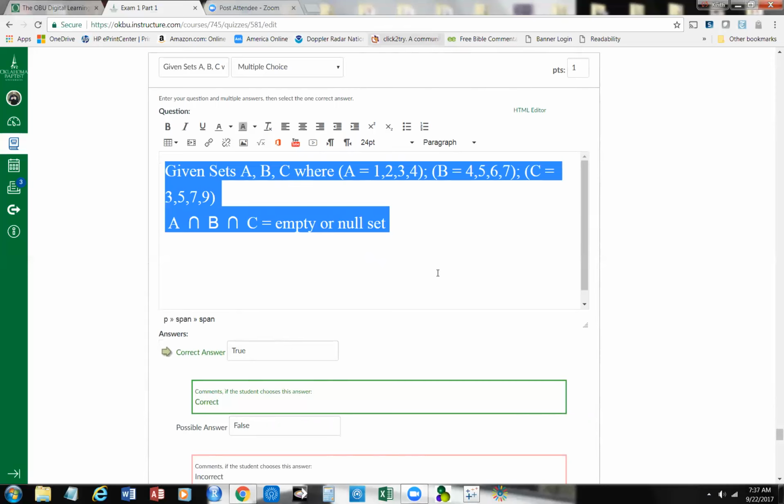Now, when we take the intersection of A union B and the intersection of C, all right, there's nothing wrong with this. It's just like an algebra problem. Think, for example, if I multiply 10 times 2 times 5. 10 times 2 is 20, times 5 is what? 100.